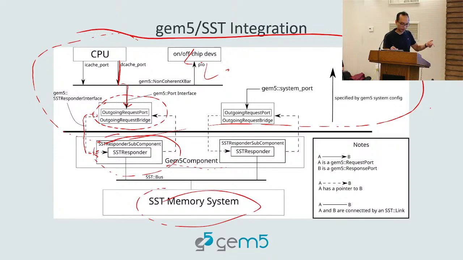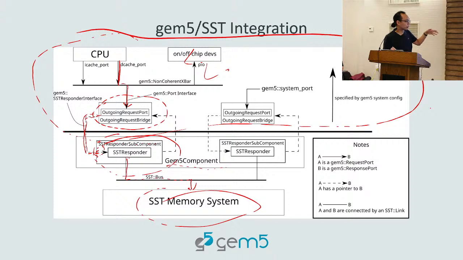The request bridge, in turn, sends the packet, not doing the translation, to the SST responder, and then its owner, the SST responder subcomponent, does the translation here and sends the event to the SST memory component.